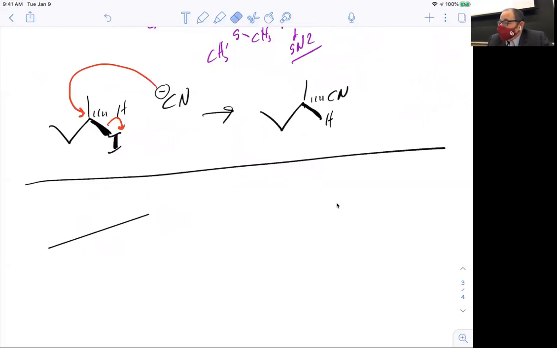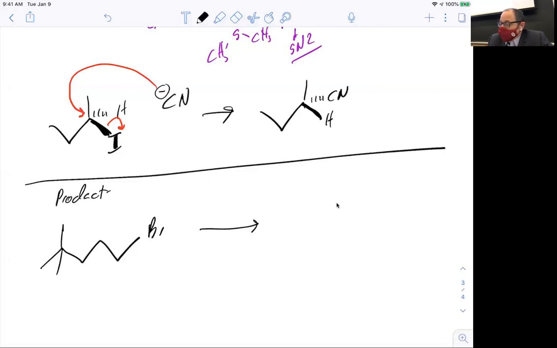Oops. On this one, it is give the reactants and the conditions.